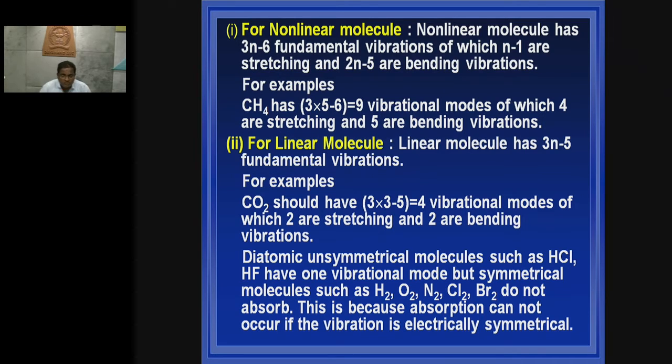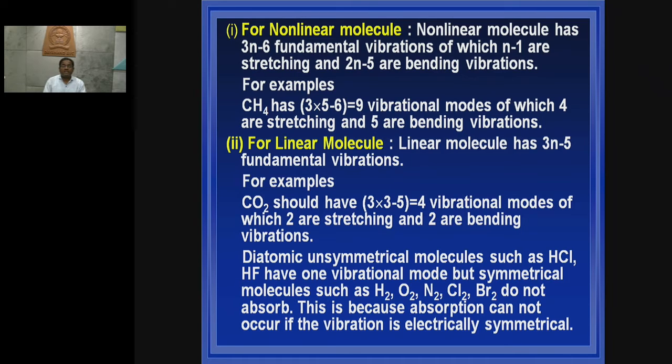For example, methane, CH4. It has n equal to 5 because the total number of atoms in this CH4 molecule is 5. So 3 into 5 minus 6 equals 9 vibrational modes, out of which 4 are stretching and 5 are bending vibrations.